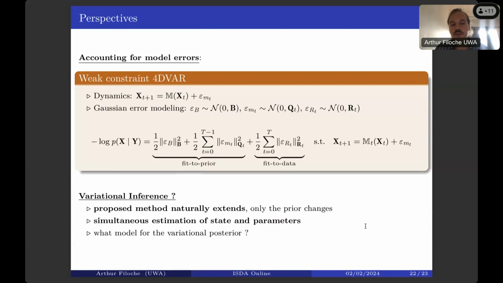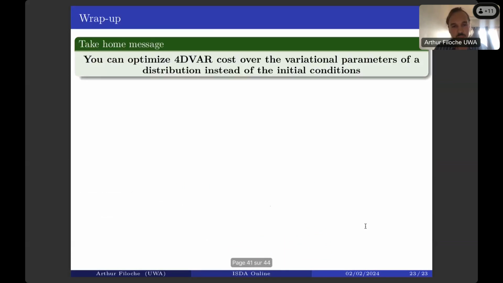And so the method naturally extends, but it also raises new questions. How do we model this variational posterior? And I feel like it's related to simultaneous estimation of the states and covariance matrices.